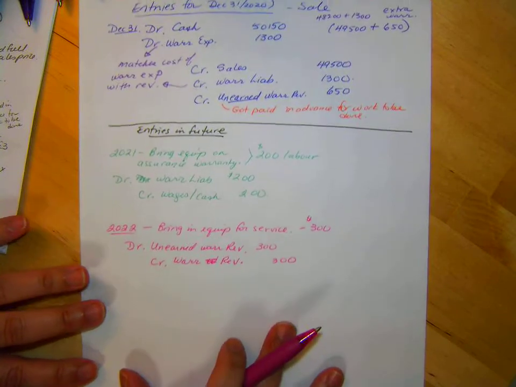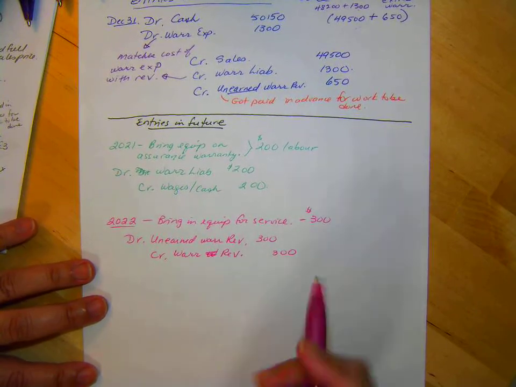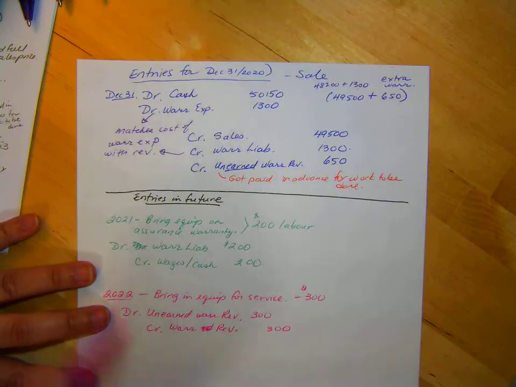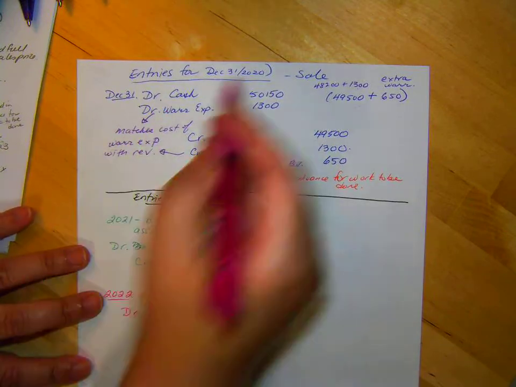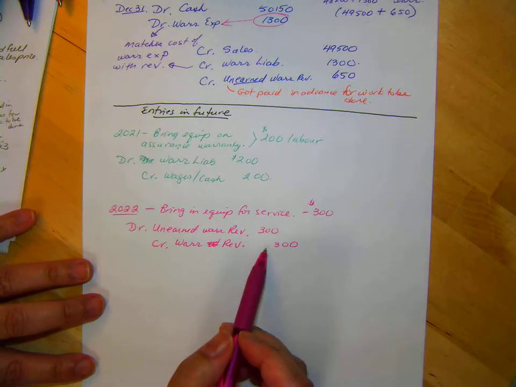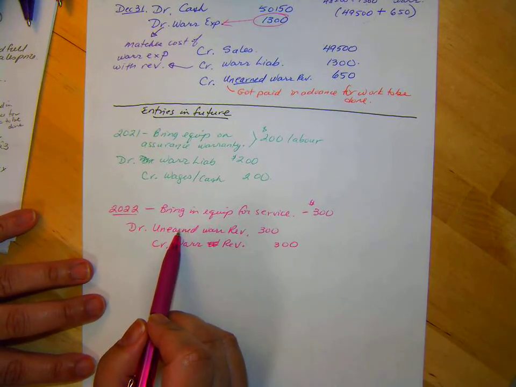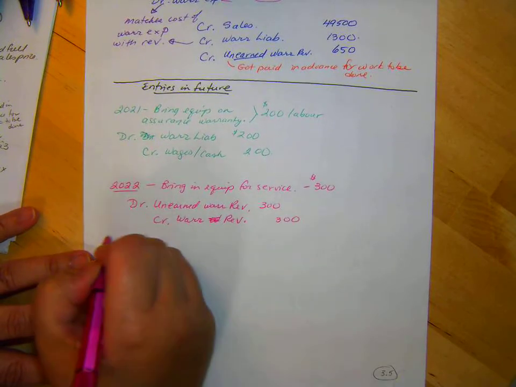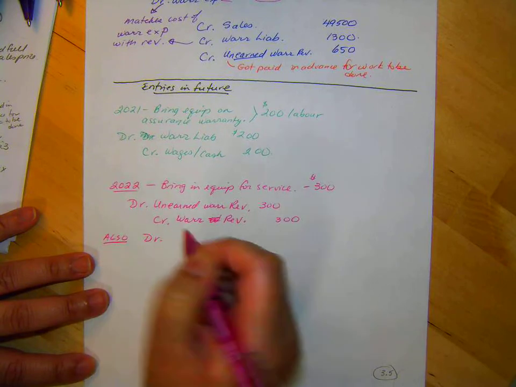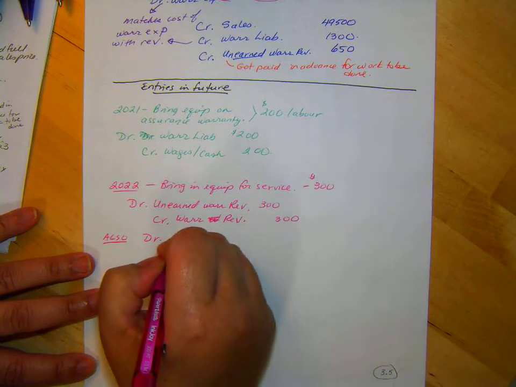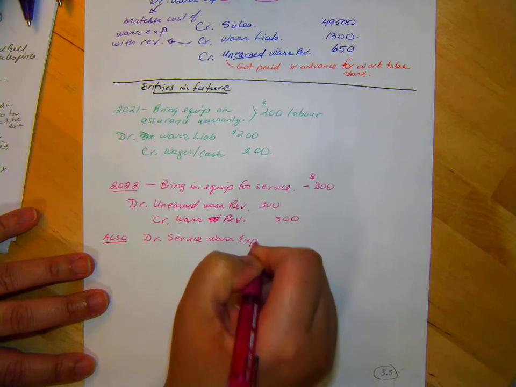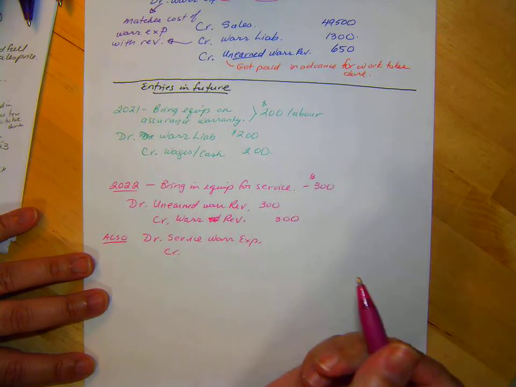But we also have to record that we had warranty expense, because this warranty expense was only for this $1,300. We don't have a warranty expense for the unearned or the service warranty. So also, we're going to debit service warranty expense and credit, what did we bring it in for?